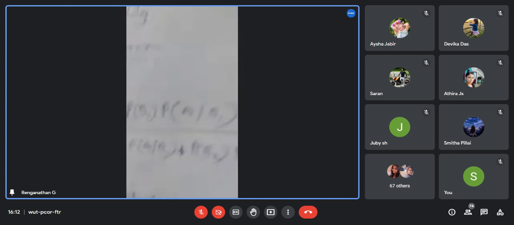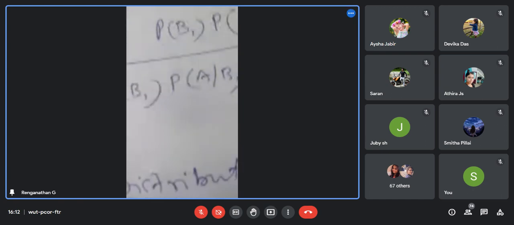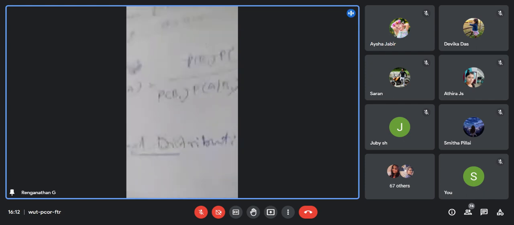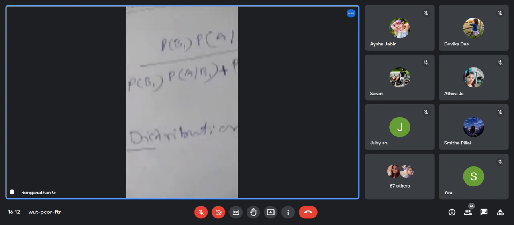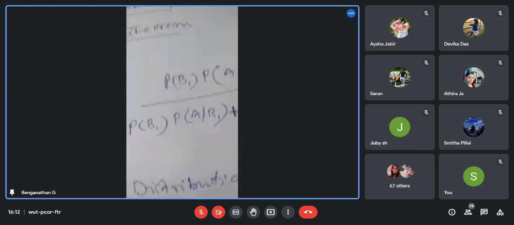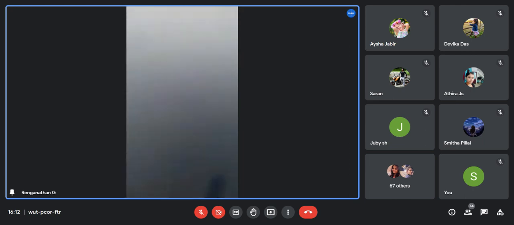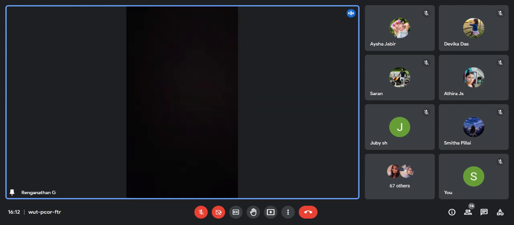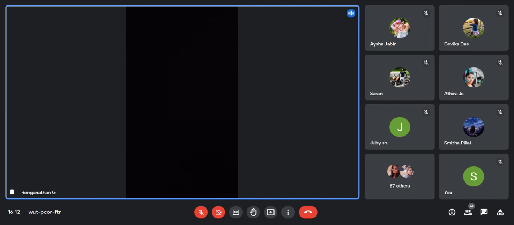There is a term called inverse probability. Inverse probability is explained by a statistician called Bayes, so inverse probability is explained as Bayes theorem.